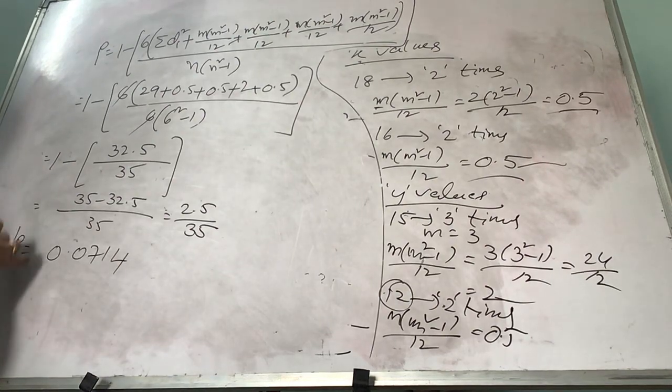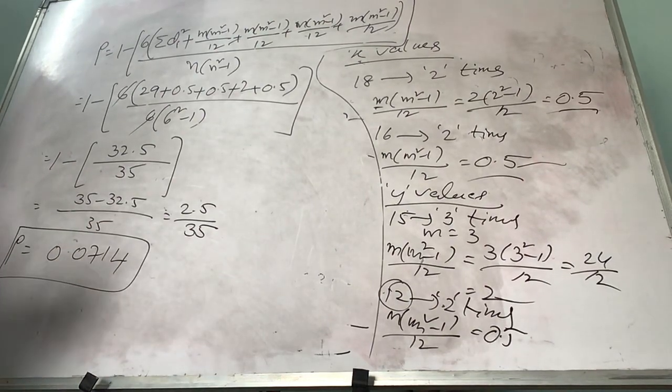This is the rank correlation coefficient value in case of repeated observations. Do you understand this concept?